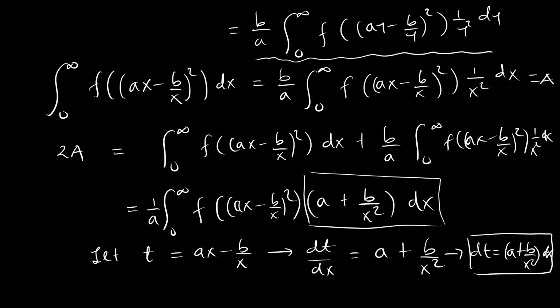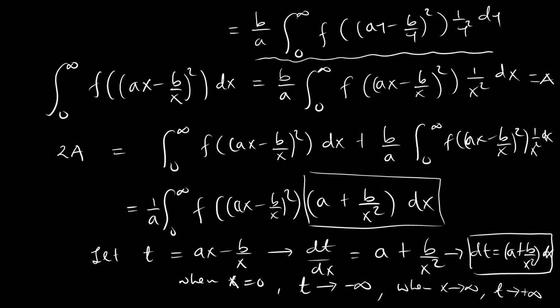When x equals 0, t tends to negative infinity. When x tends to infinity, t tends to positive infinity. So what does that tell us?